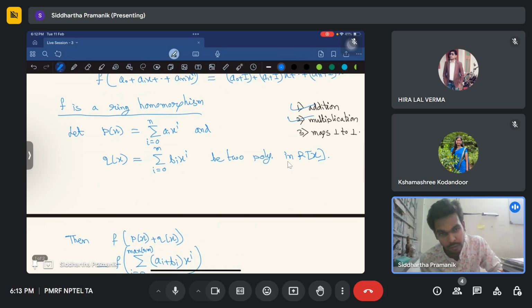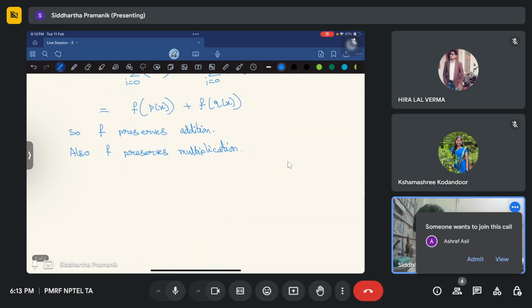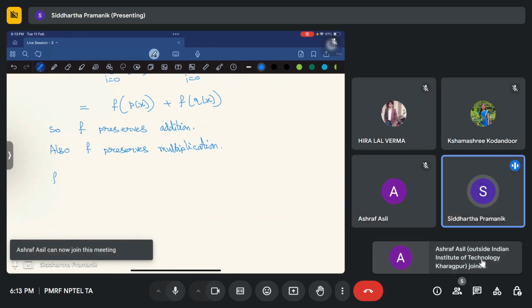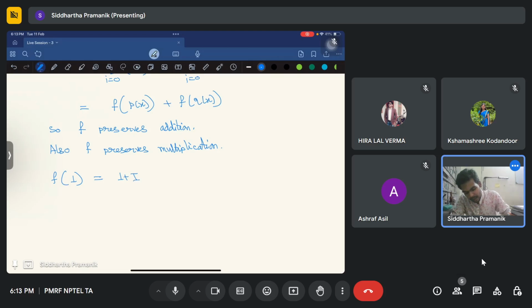So the last one is 1 goes to 1. So f of 1 should go to 1 plus I, and this is basically the identity of the ring (R mod I)[x]. So the third property also is satisfied.